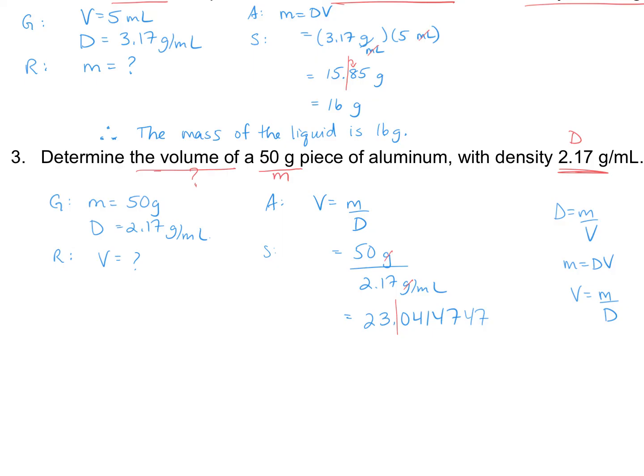So I'm going to chop it off there and look at the 0. The 0 is the neighbor that's going to tell me what to do with the 3. So since the 0 is a low digit, 0, 1, 2, 3, 4, I'm going to keep the 3 the same. Essentially, we say round down, but what you're doing is keeping that digit the same. So 23 milliliters.